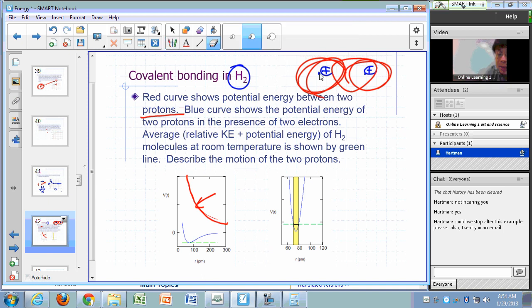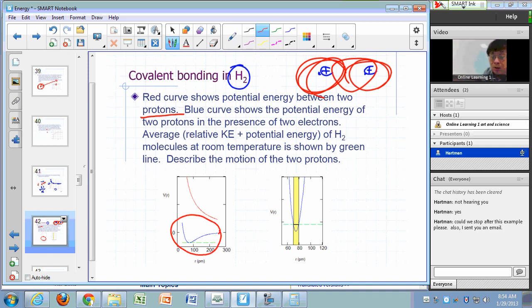Now, what actually happens in an H2 molecule, the behavior of the two nuclei, is summarized by a potential energy curve that looks like this. This is just two nuclei by themselves. Just the fact that you have electrons going around those nuclei helps those nuclei get together, and so the effective potential energy between the two nuclei would look something like the blue curve down here.